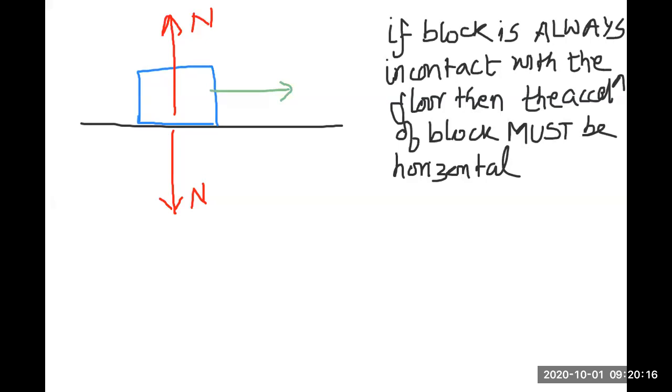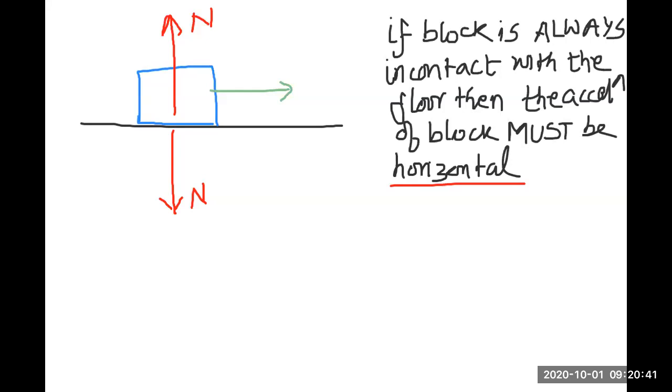So if you look at the direction of normal reaction and the direction of acceleration, remember that I'm telling you that the acceleration must be horizontal. What is the relationship? What is the thing that we see which is true between normal reaction and this acceleration?